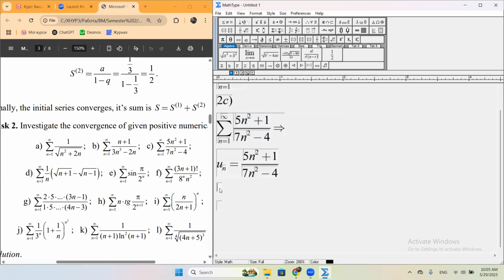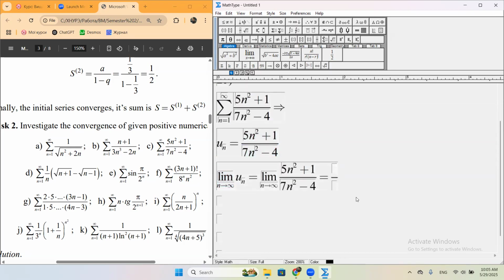Let us look at this nth term, and we can see that the limit of the nth term when n approaches infinity seems not to be equal to 0. So we will use the divergence test. Calculating this limit, we will receive 5 over 7, and it is not equal to 0.